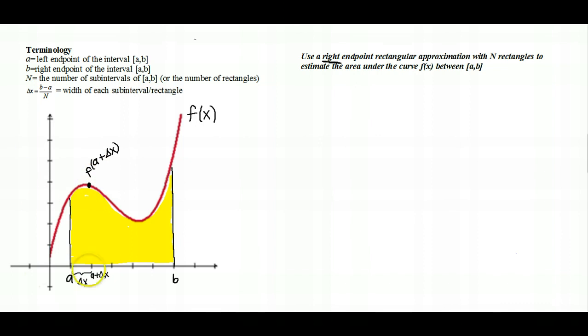So let's actually construct the rectangle. Here, I'm going to construct the first rectangle with base delta x between A and A plus delta x. And the height is going to be at the rightmost endpoint on the function. So the height is that black dot that I drew, f of A plus delta x.